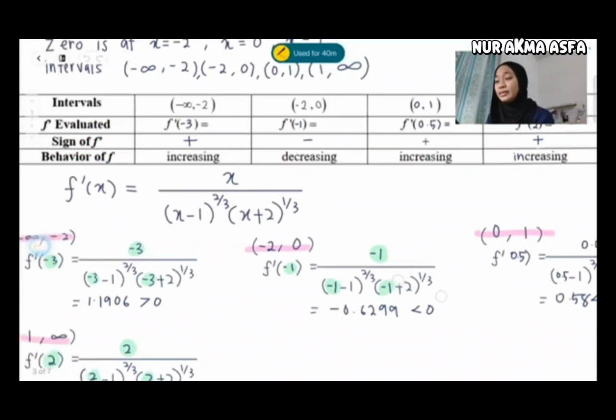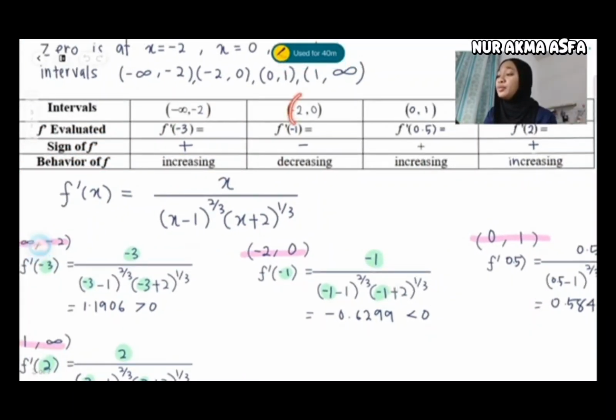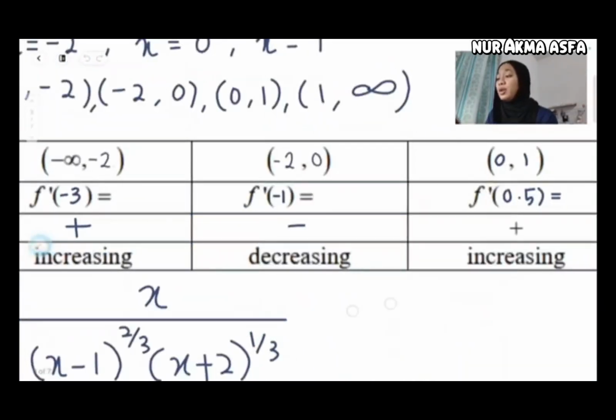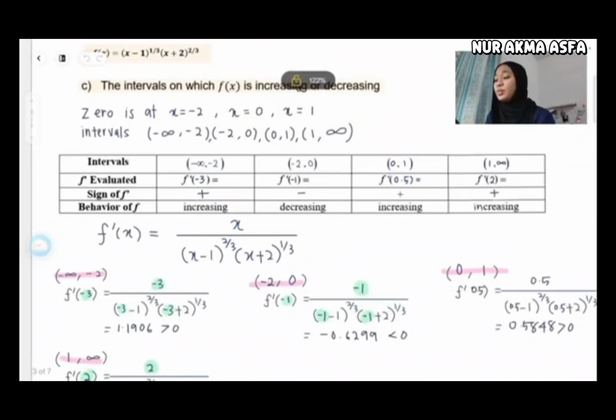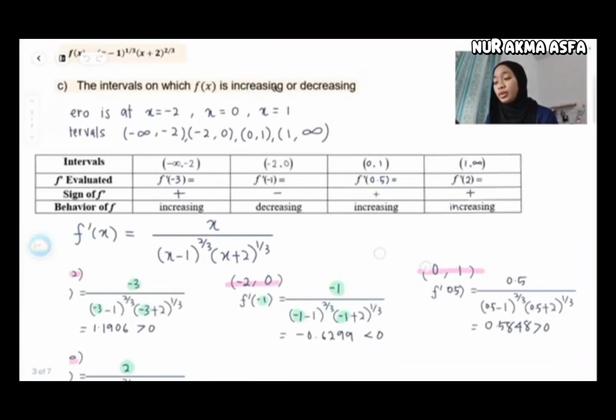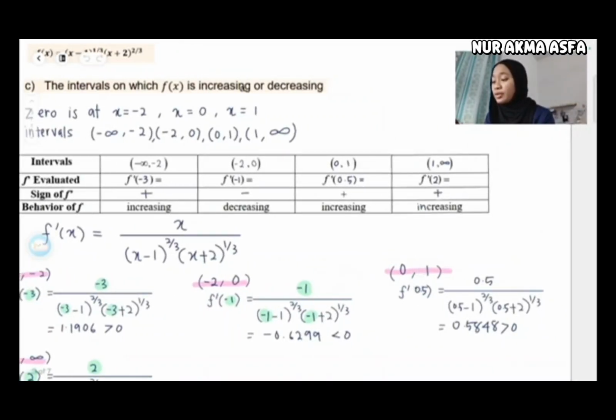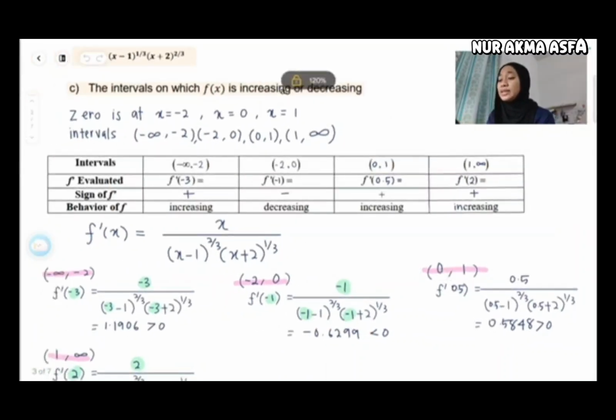Next, for the interval -2 to 0, I choose -1 to evaluate, and substituting into the first derivative function, I get -0.6299, so the sign of the first derivative function is negative, and the behavior of the function is decreasing.